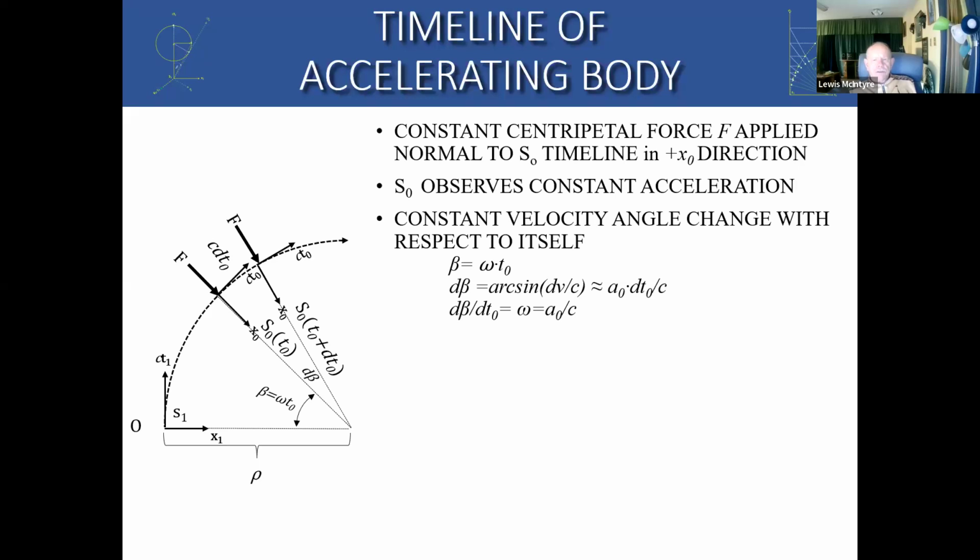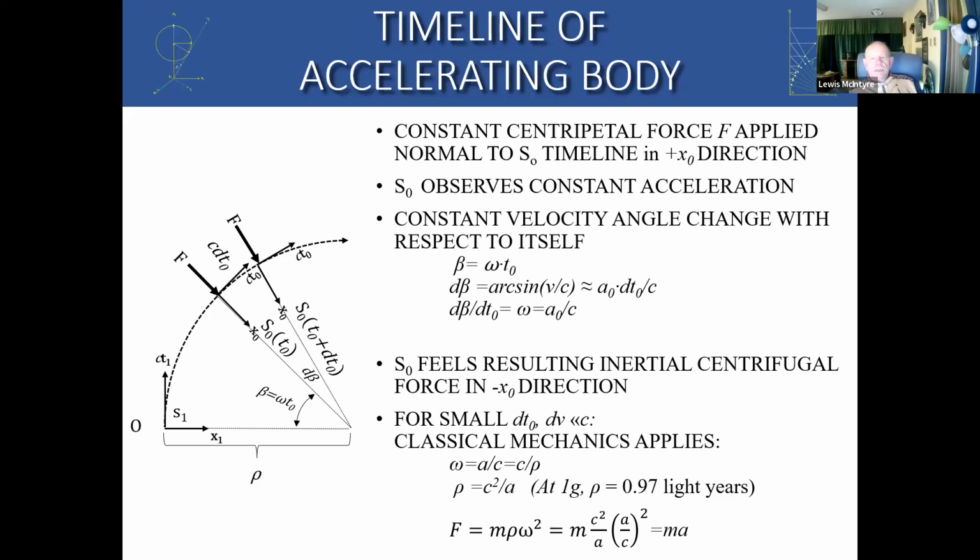If the acceleration dv/dt is constant, d beta/dt, equal to omega, must also be constant. Thus, beginning at O, its timeline must follow a circular path of some radius rho in four-dimensional space.